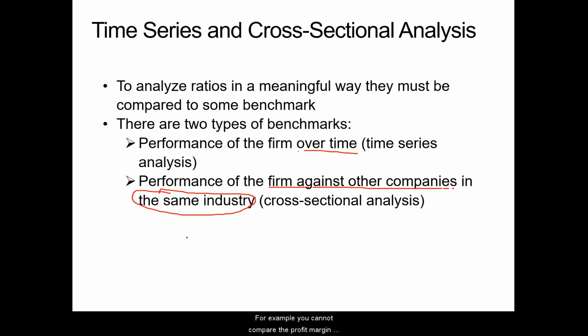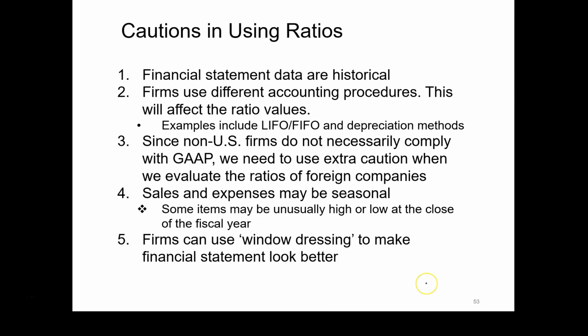For example, you cannot compare the profit margin between Walmart and Apple and say Walmart's profitability is not as satisfying as Apple's, because they are two totally different companies in two totally different industries, and their profit margins are just not comparable.